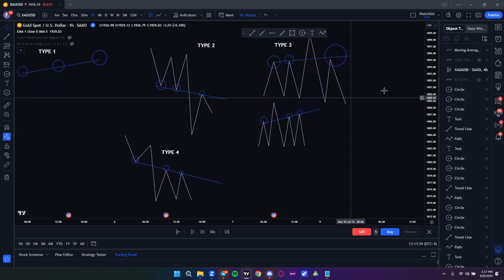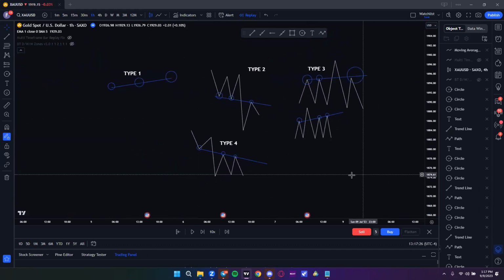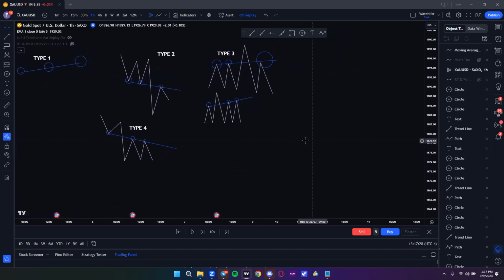Type 5 is also another head and shoulders type pattern, a schematic. Let me draw it out and I'll explain what it's like.